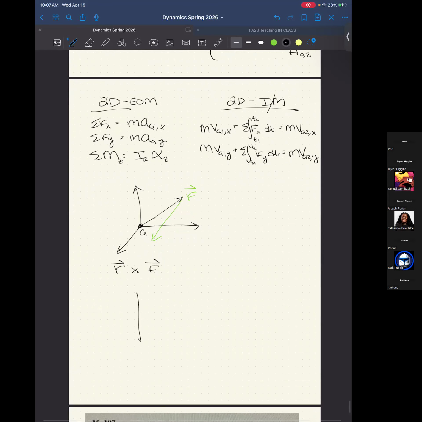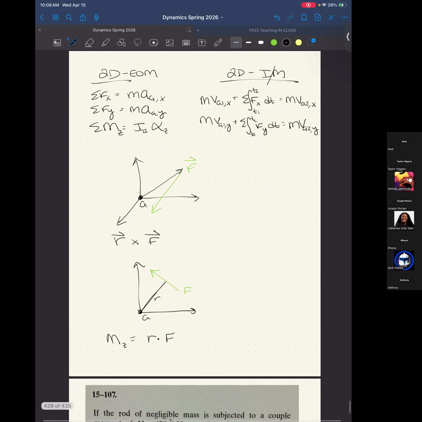But when we were in 2D, this R cross F still holds. It absolutely holds. We can always write R cross F. But what we realized is that in 2 dimensions, as long as we use this perpendicular distance r, the moment was always going to be about the z-axis, and it would just be this distance r times the magnitude of the force F. And it would always be about the z-axis, but the direction of that torque, whether it's positive or negative, we could do with right-hand rule.